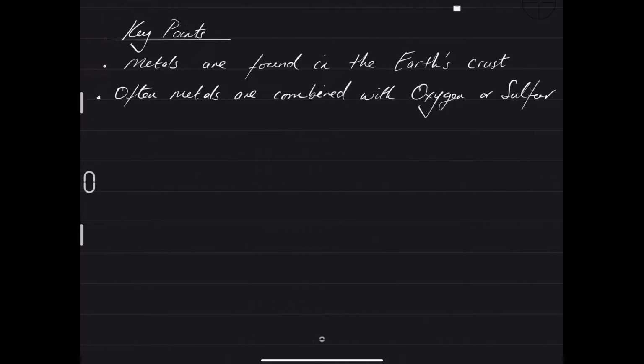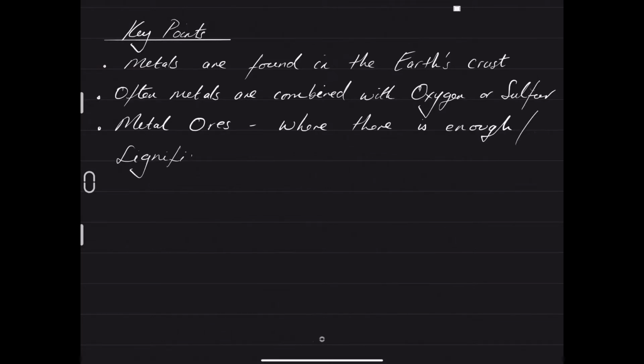So we are saying metal ores, where there is a significant amount of metal.